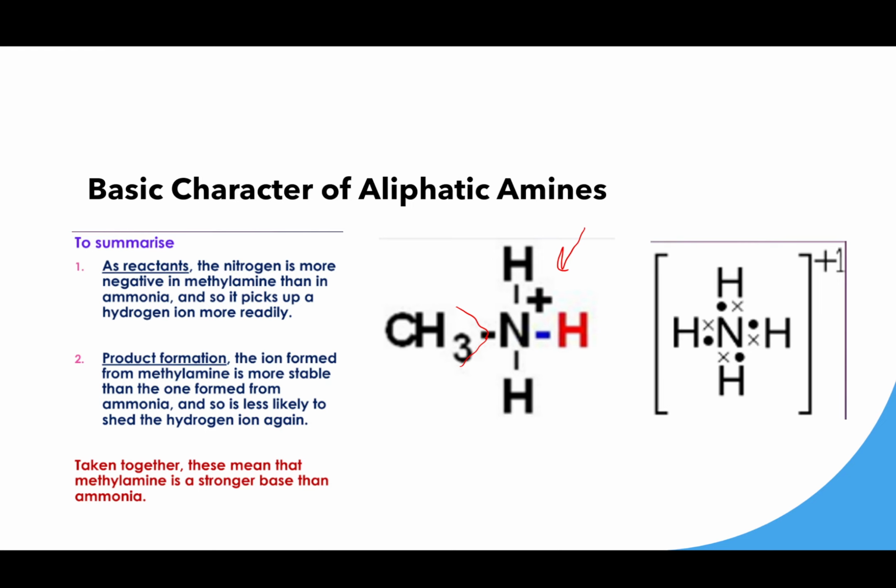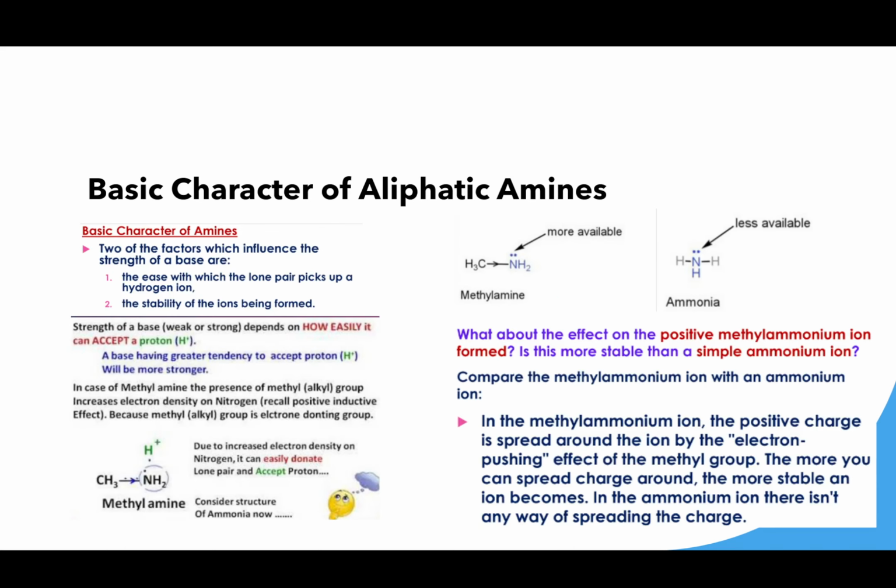So while methylamine is a primary amine, ammonia doesn't have any alkyl groups. So looking at it as reactants, the nitrogen is more negative in methylamine than in ammonia, so it picks up hydrogens more rapidly. As we saw here, it's more negative because the alkyl group is pushing more electrons there, and it's less negative in ammonia.